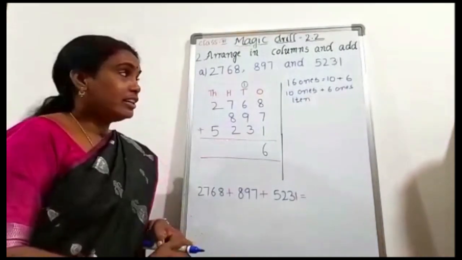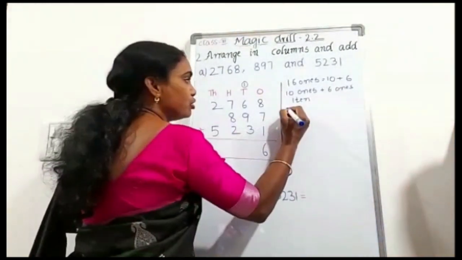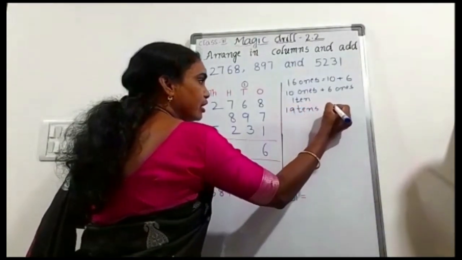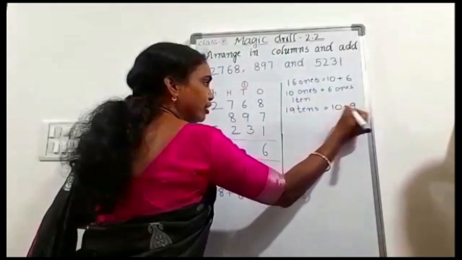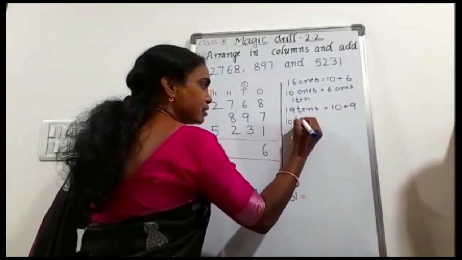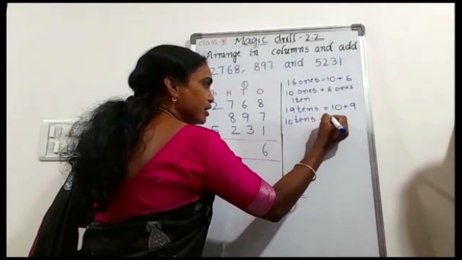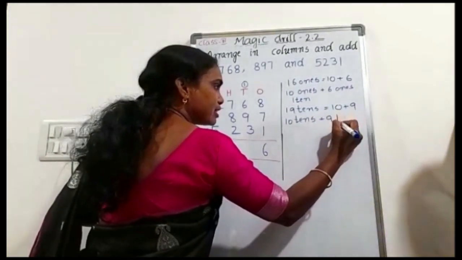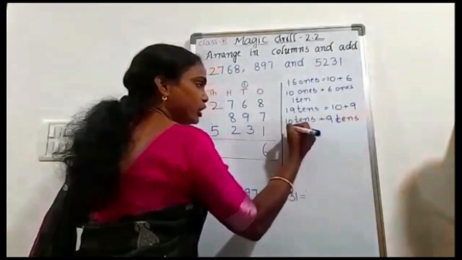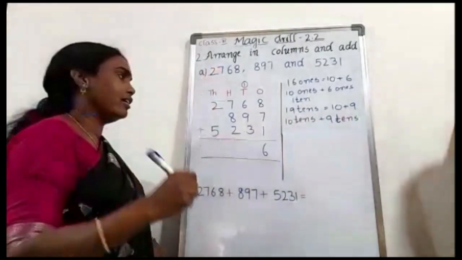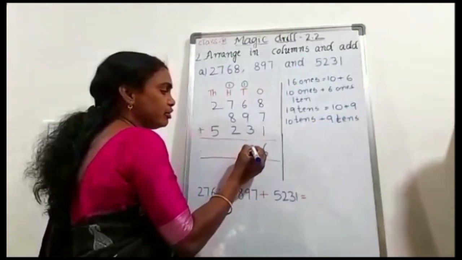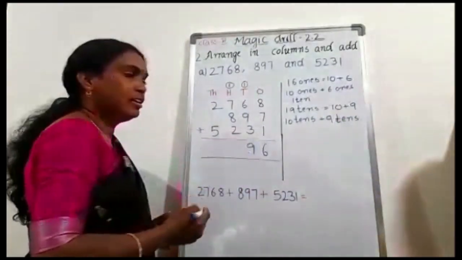Do we write 19 tens here directly? No. So we can write 19 tens as 10 tens plus 9 tens. Yes, children? So the 10 tens we can write as 100. So we regroup 100 and only 9 tens are left over. So 9 we write under the tens column.